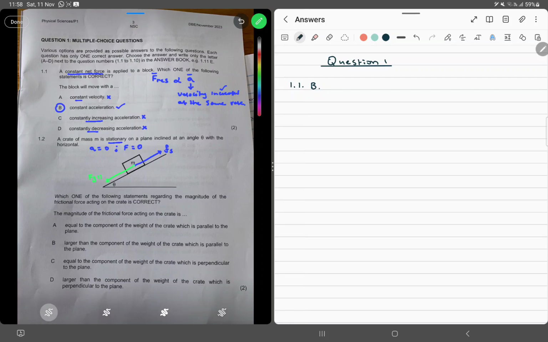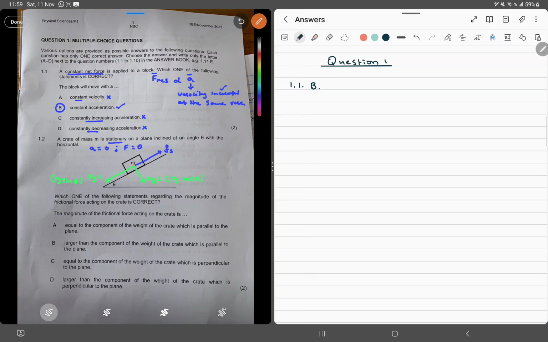FG parallel goes with FG perpendicular. So we know this one is basically mg, or should we say FG. This is the same as FG cos theta. Okay, and that one is FG sine theta. You should know these off by heart already.